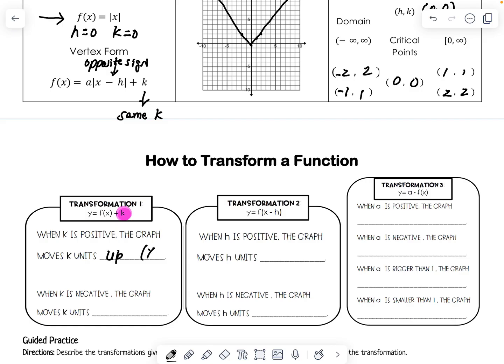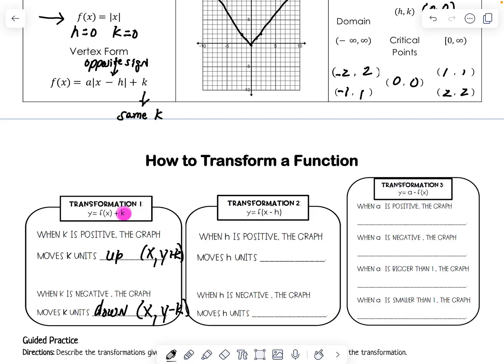So it's going to be x, and then your y, you're going to add your k to it, because you're going up, which means you're changing the y value, because the y goes up and down. So if you have a negative k, then you're going to move down. You're still at the same place on x, but your y, you're going to subtract your k from it. So it's going to go down.